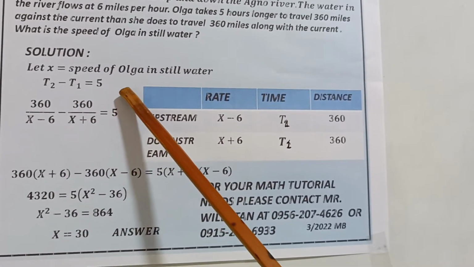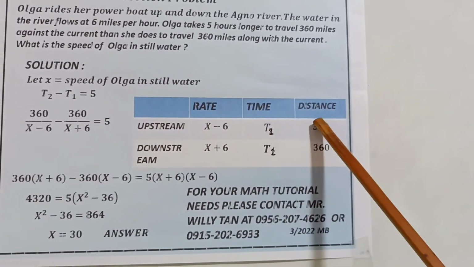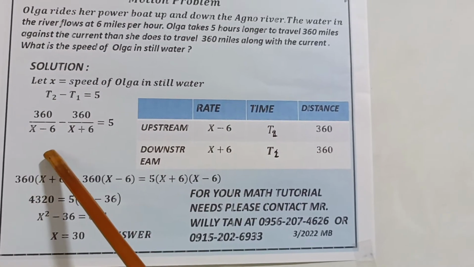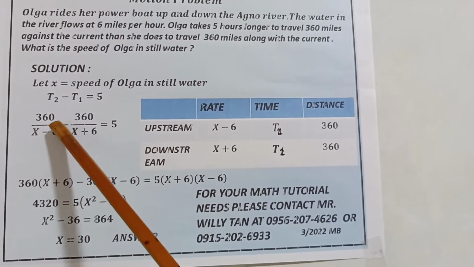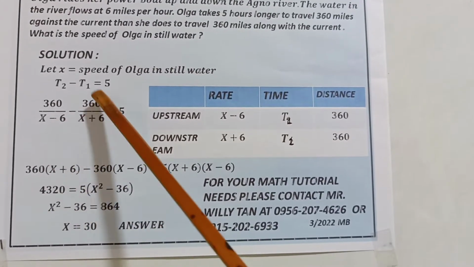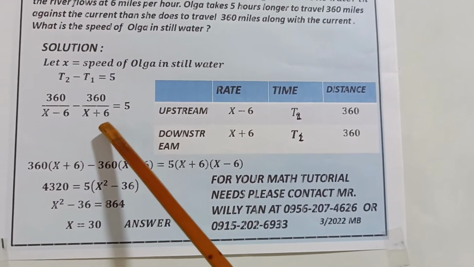So time is equal to distance over rate. So for our t sub 2, that is equal to 360 over x minus 6, and minus 360 over x plus 6, that is t sub 1, is equal to 5.